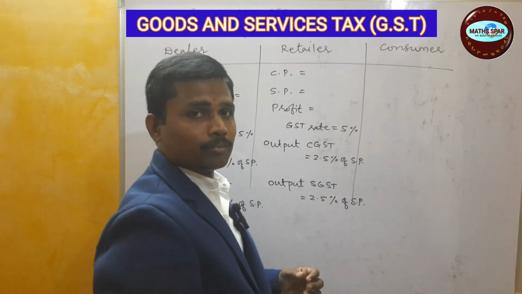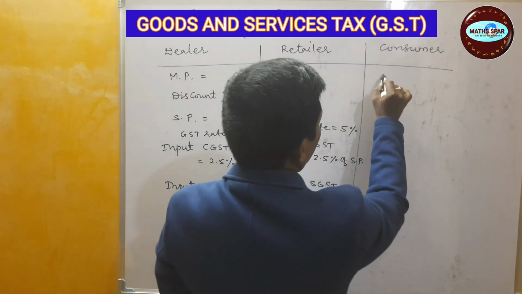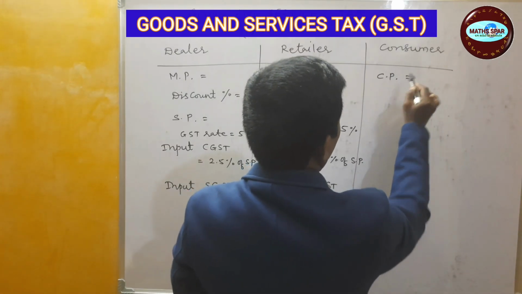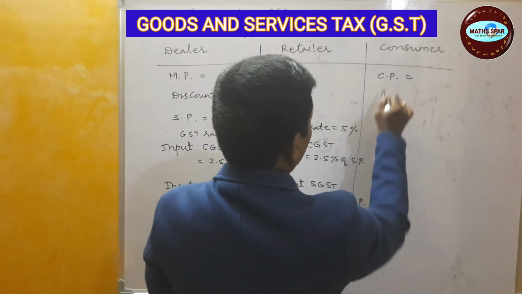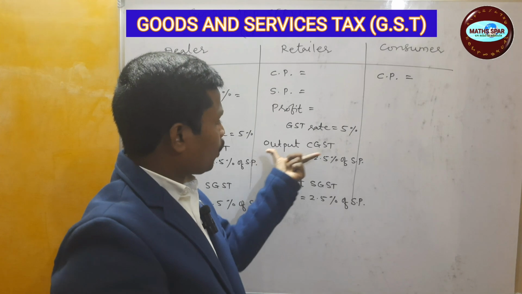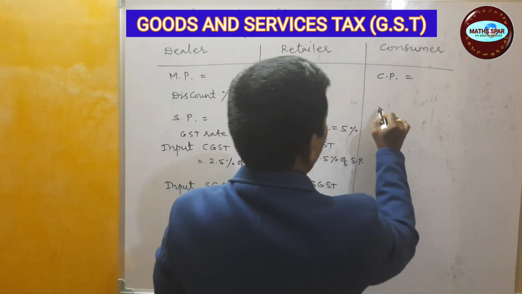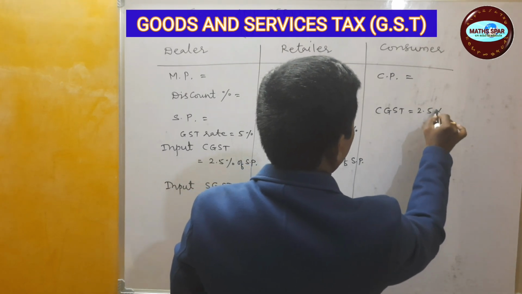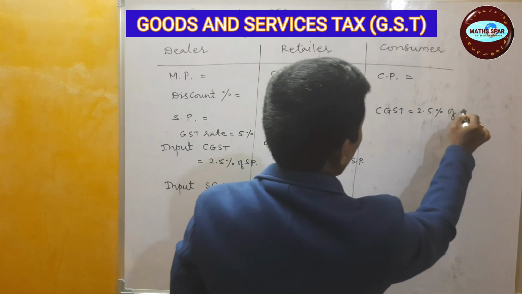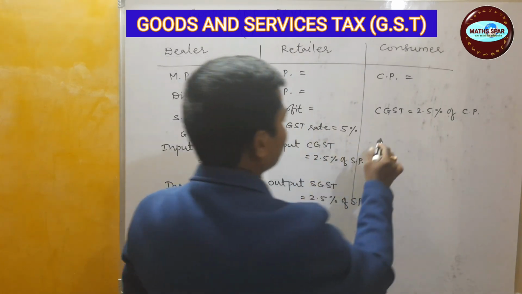Now consumer, whatever SP is here will be CP for the consumer. Then the output CGST is paid by the consumer. So CGST is 2.5% of his CP, that is the same as output CGST.